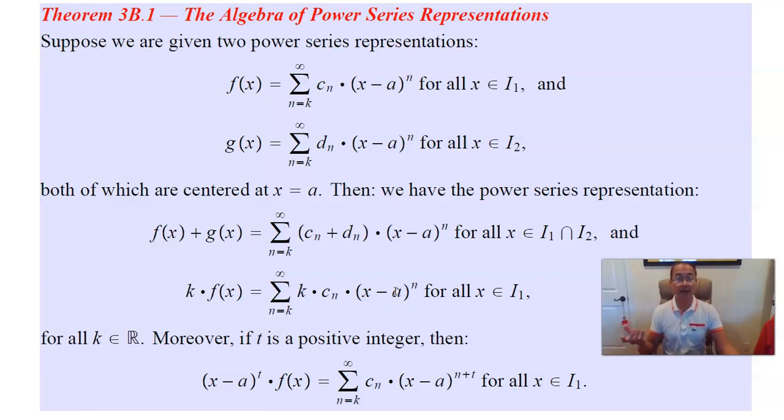We know how to add or multiply two power expressions. We simply add the exponents. So if you multiply both sides by x minus a to the t, then from x minus a to the n, we're going to add t, x minus a to the power n plus t. And we have the same coefficients, c sub n, and the same domain, I1.